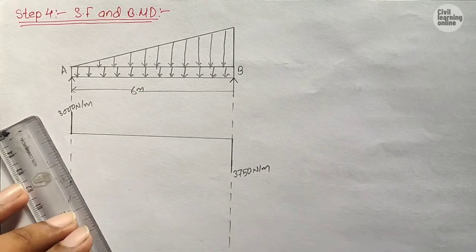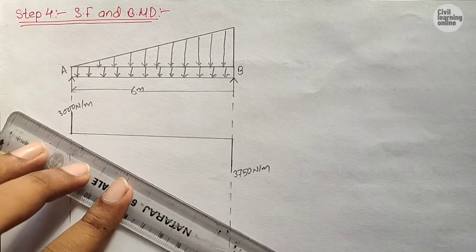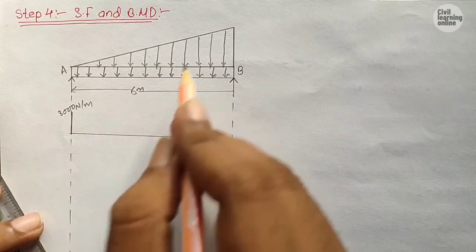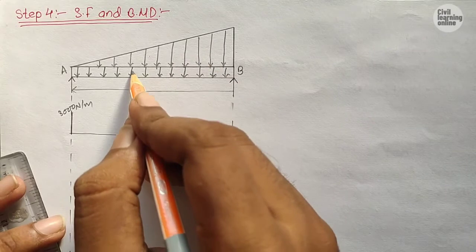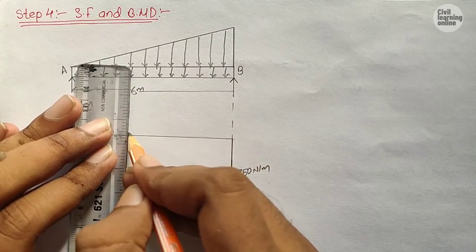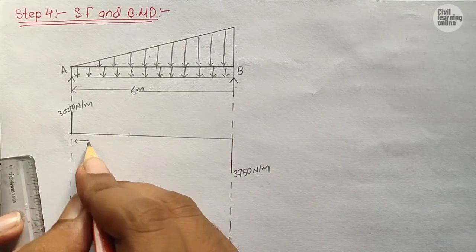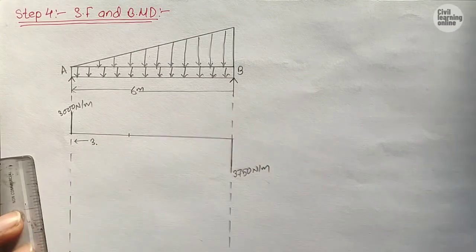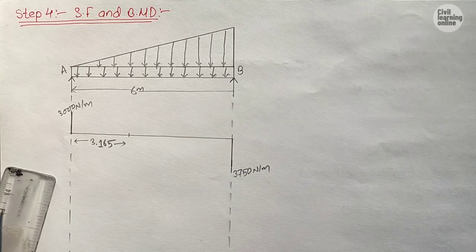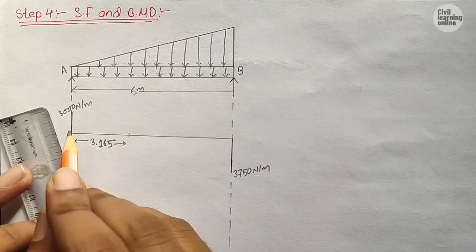In each and every beam there will be a condition where our shear force will be 0, and due to this varying load, suppose our distance x was here where the shear force was 0, as we have considered that our distance x was from the point A. We have calculated that at distance x from A the shear force was 0.